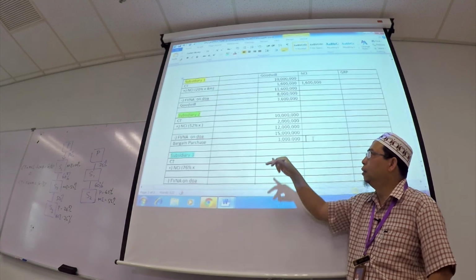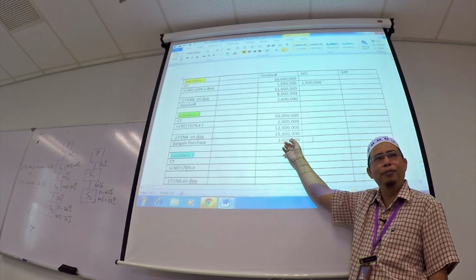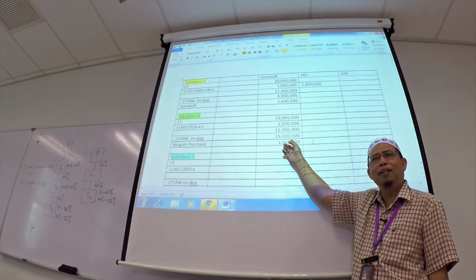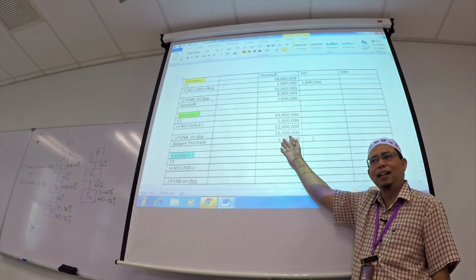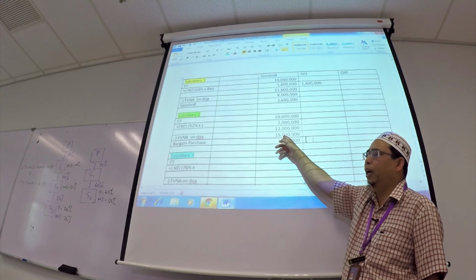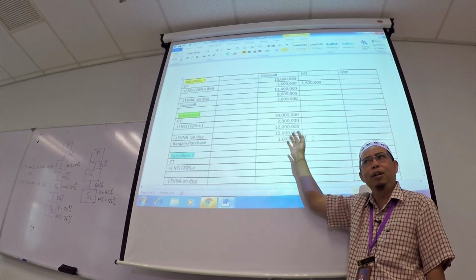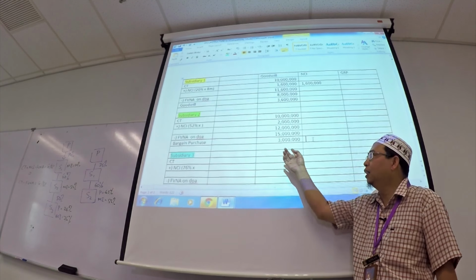Why? Because you pay 12 million, you get 15 million worth of net asset. You understand? This is what you pay, this is what you get. So I pay 12 million to get 15 million. Bargain.